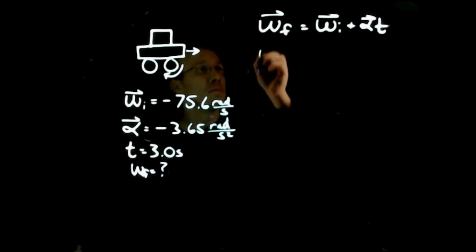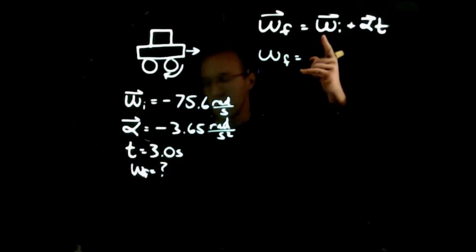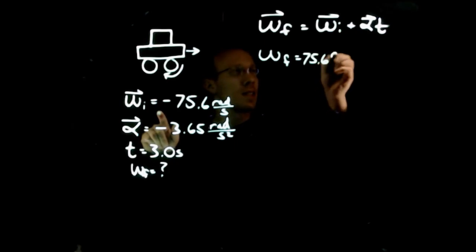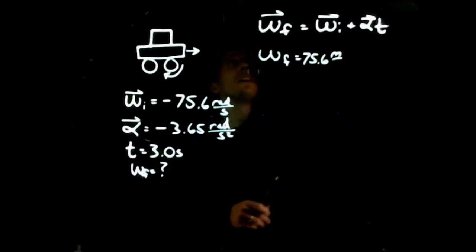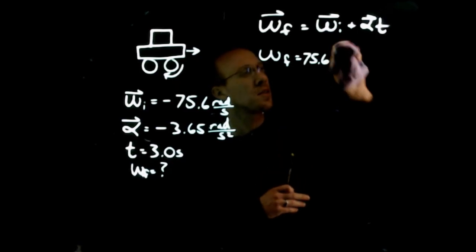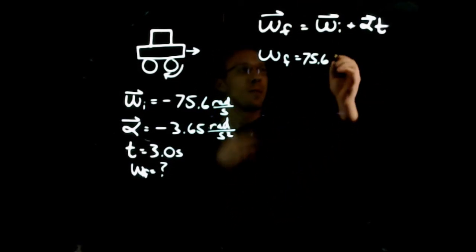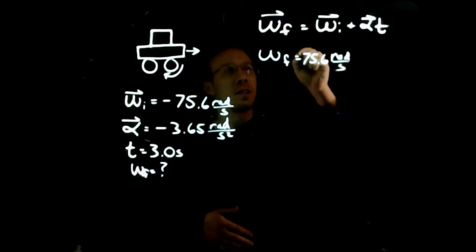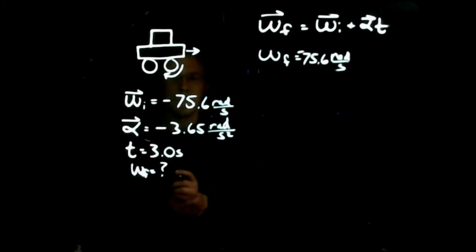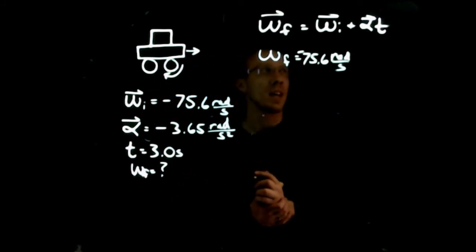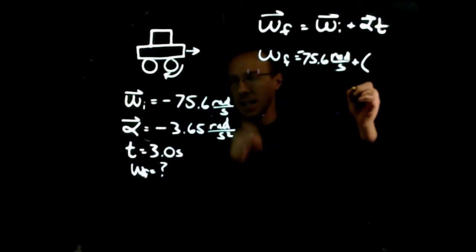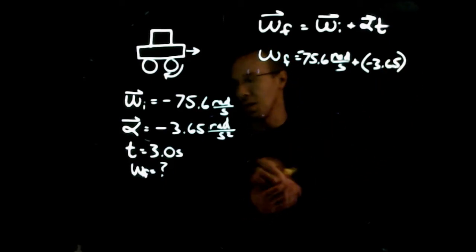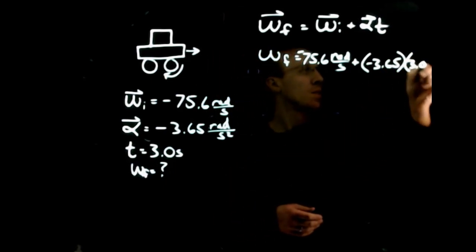Okay? When we solve for that, we're not going to cross out omega i this time because it does have an initial velocity. You're going to notice that you're going to probably do the same thing I'm doing. We're so used to using meters all the time that when we go to do these problems, the normal thing that we do is just go ahead and put that in. So we have negative 75.6 radians per second, and then we're going to add to it a negative 3.65, running out of room, and we're going to multiply it by 3.0 seconds.